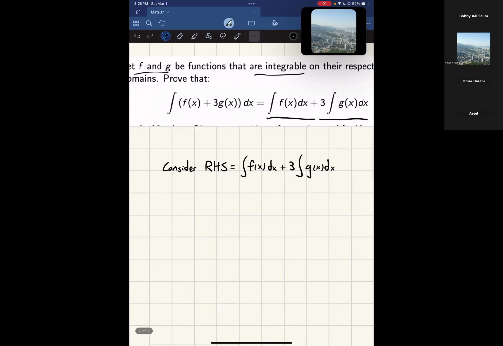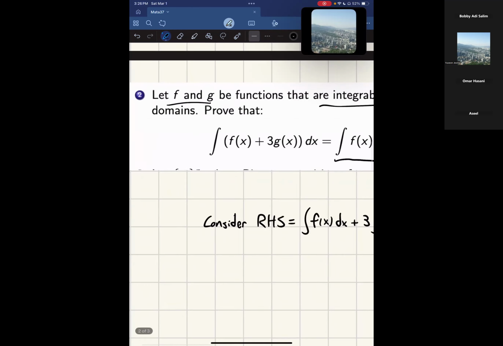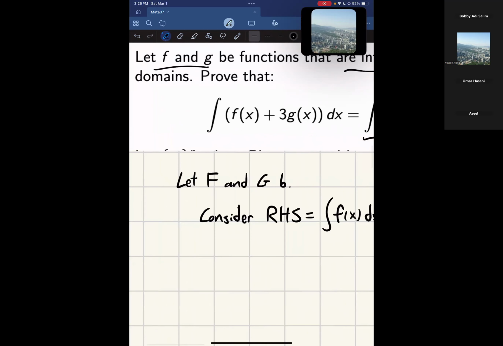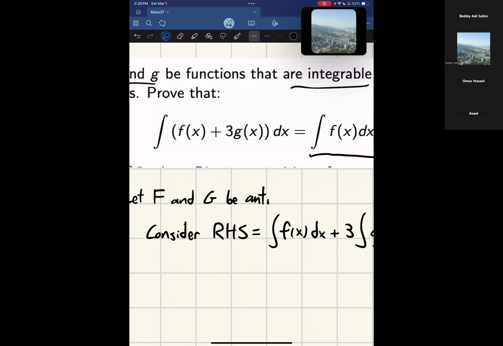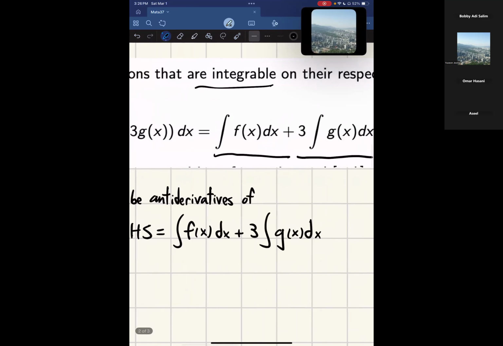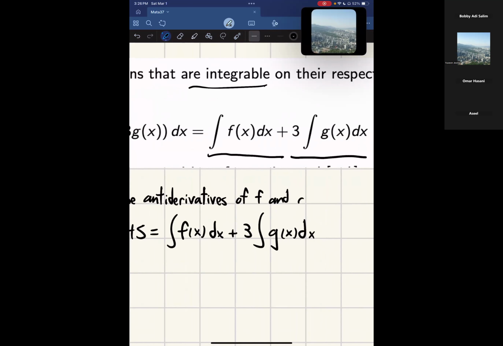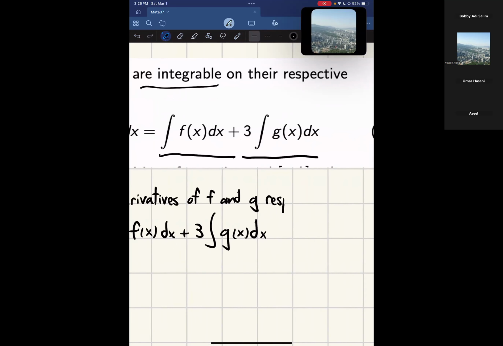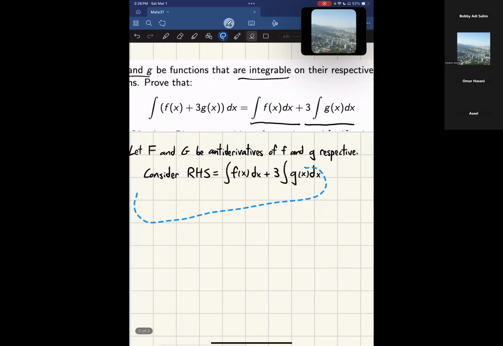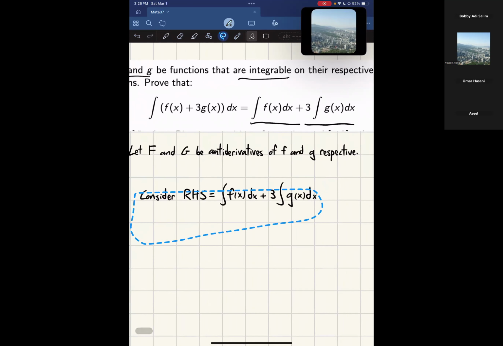Okay, one thing we should have said before is let big F and big G be antiderivatives of little f and little g, respectively. And what respectively means here is that big F belongs to little f and big G belongs to little g. Okay, cool. Now if I move this down to make it a bit cleaner, we're going to start our actual work.